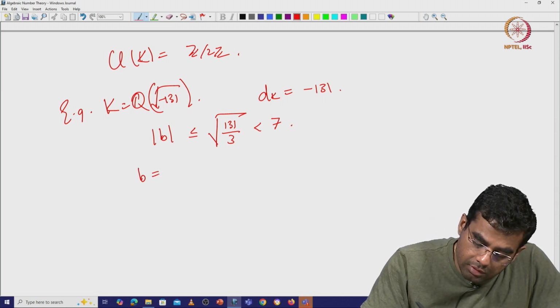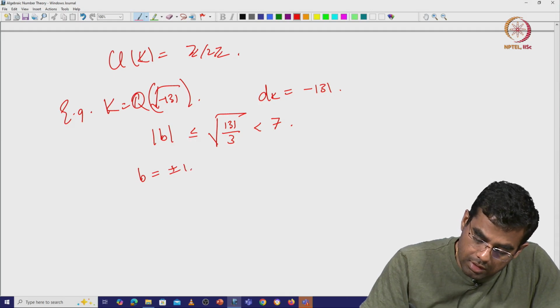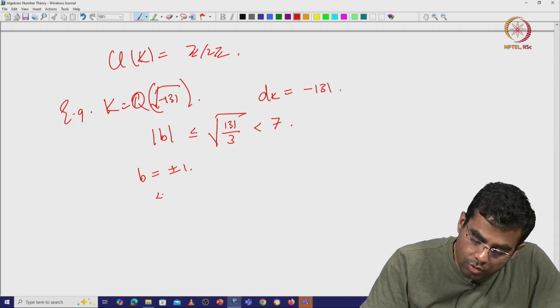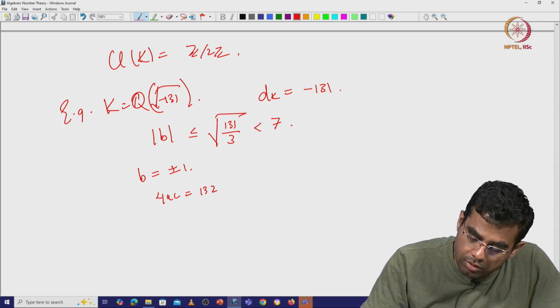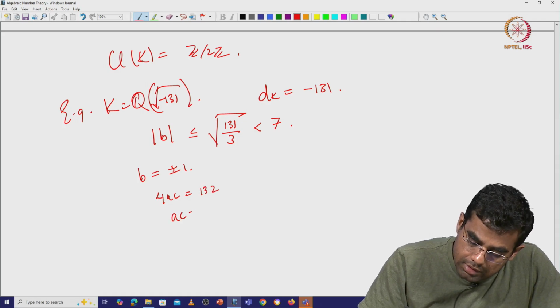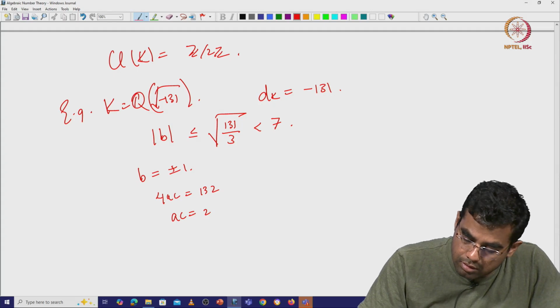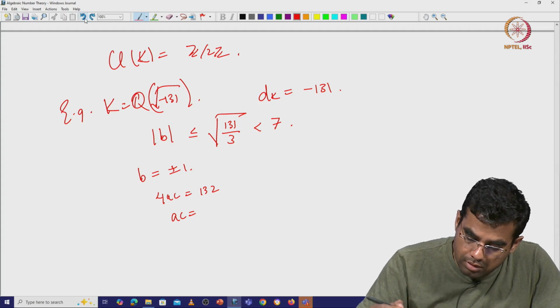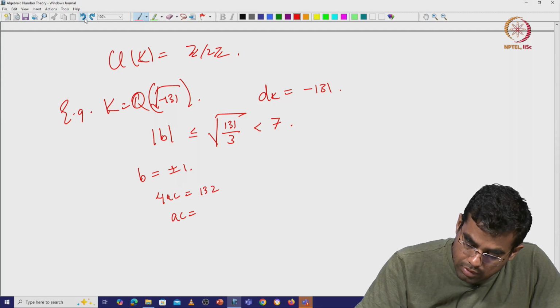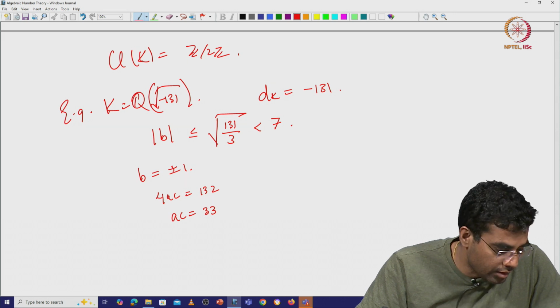So, b is equal to plus or minus 1, then 4ac is equal to 132, which means that ac is equal to 33, right, okay.